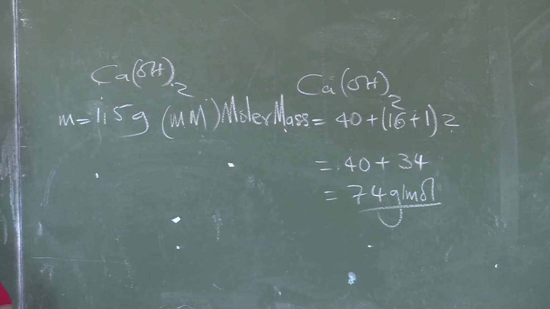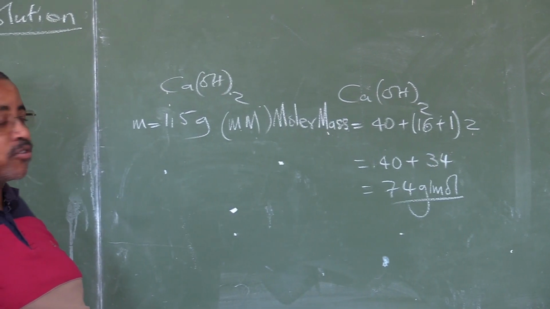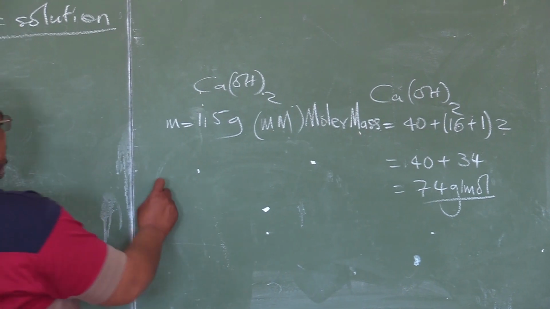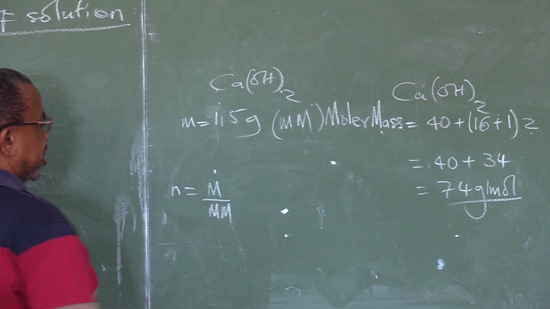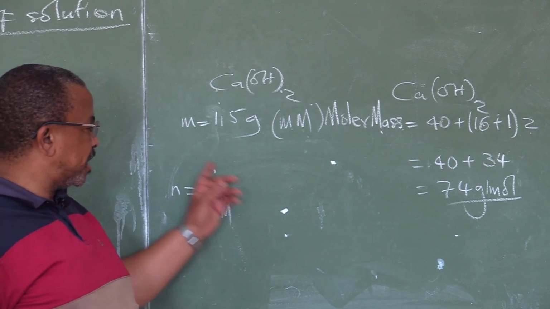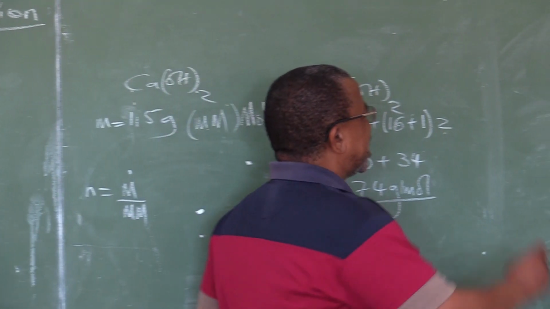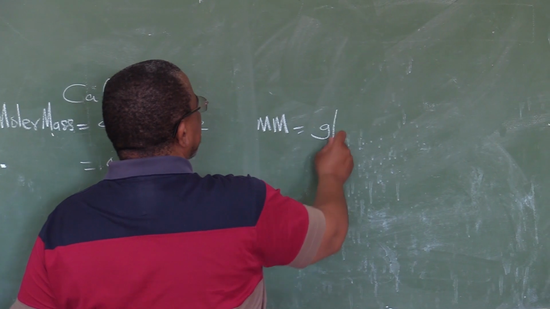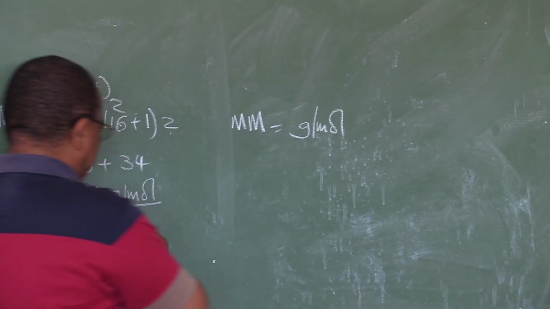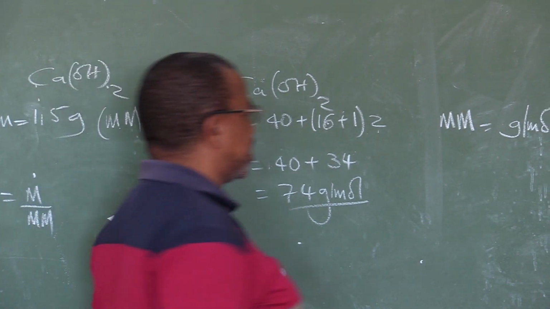Now, once we have the mass of calcium hydroxide, the number of moles is mass over molar mass. How can you remember this equation? Just remember that molar mass is measured in grams per mole. What does grams per mole mean?